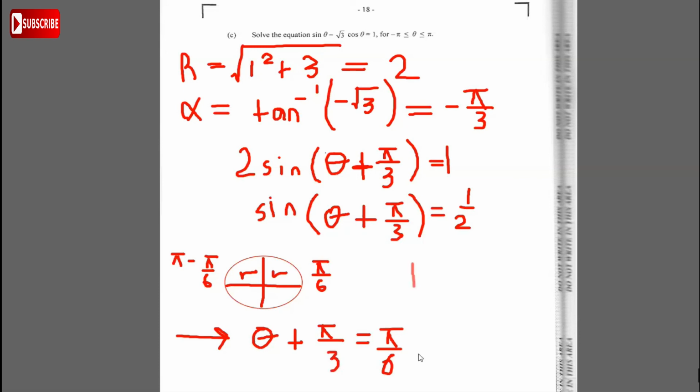Or the other possibility is that theta plus pi by 3 is equal to pi minus pi by 6, and pi minus pi by 6 simplifies to be 5 pi by 6.